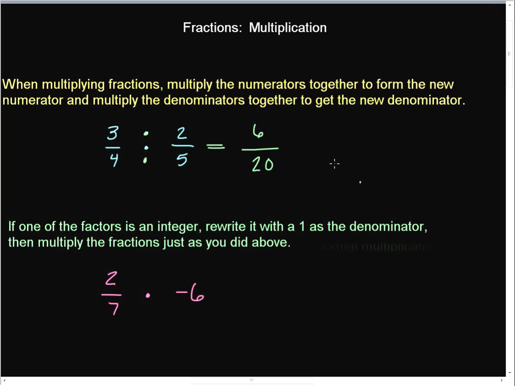So what happens now if in fact you have a fraction times an integer or a natural number? Same idea. We're going to do the same thing, except we have to make the second fraction. And to do that, we make use of one of the rules that I had mentioned in a previous video, and that is this idea that any number divided by 1 is that number.